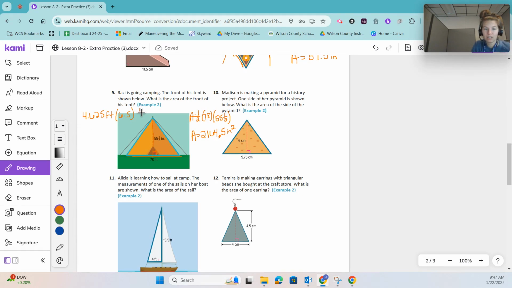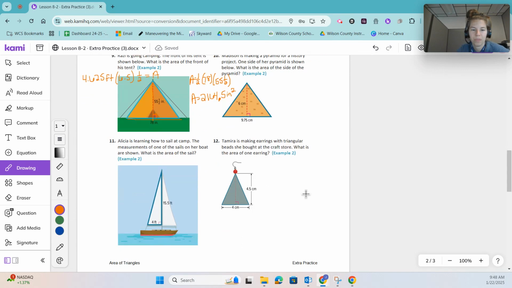And you would still multiply this by a half in order to figure that area in feet. They give it to you in inches, but if they needed it in feet, you would have to divide those to find what those distances are as feet. So make sure you pay attention to what the question is asking for. There are several more like that you can try on your own there.